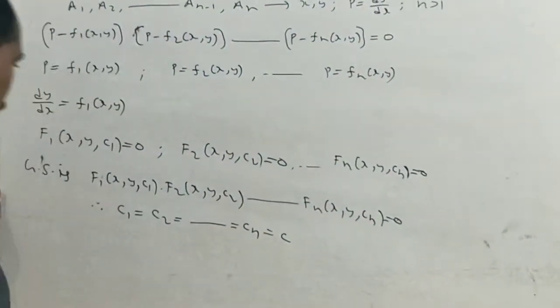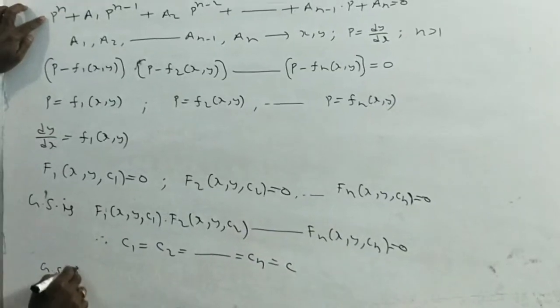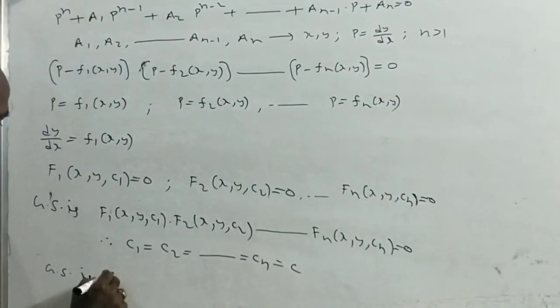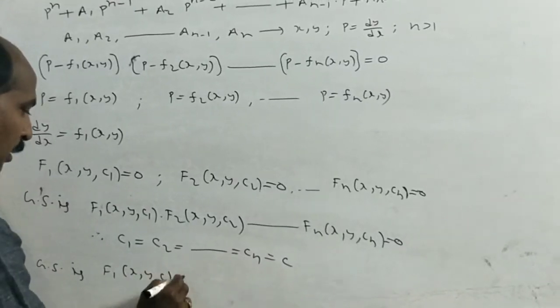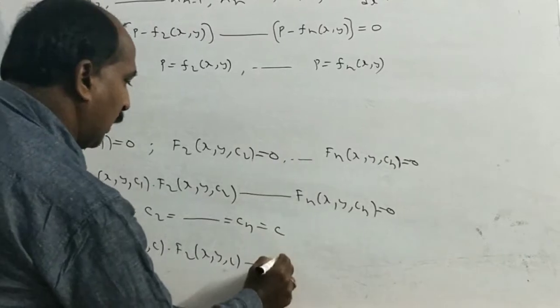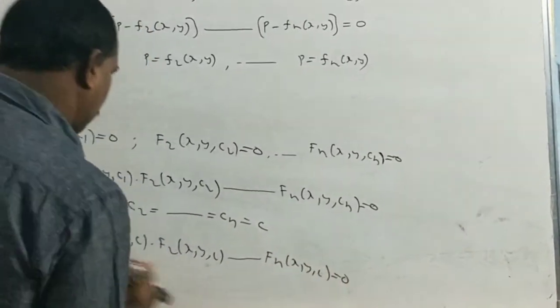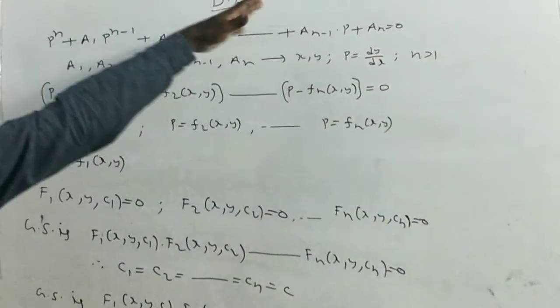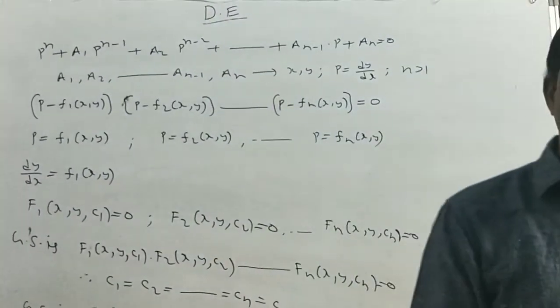So we get the general solution of the given differential equation: F1 of x, y, c into F2 of x, y, c and so on Fn of x, y, c equal to 0. This is the general solution for the given first order nth degree differential equation.